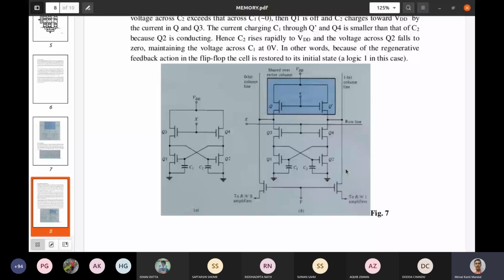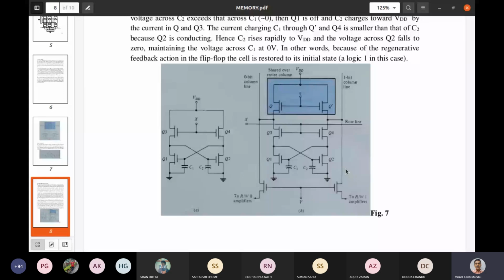So in terms of number of transistors, it is reduced. For a particular unit, it has 4 transistors compared to 6 transistors in static RAM. So in that sense, it is a high density chip.